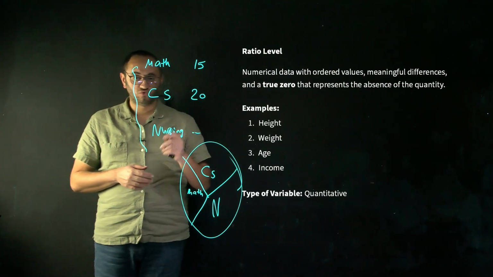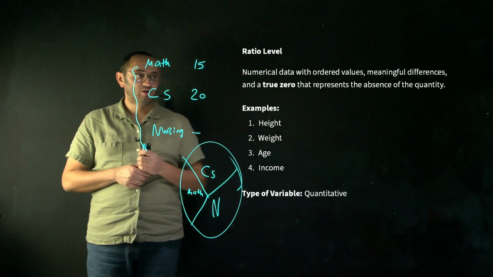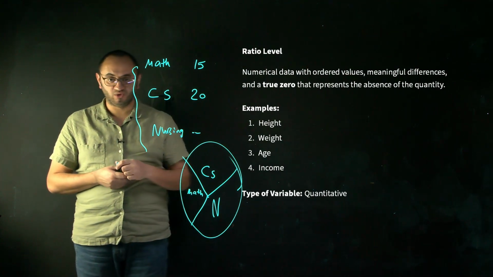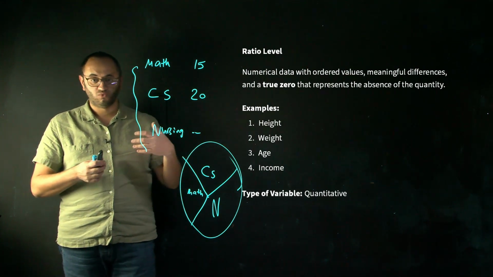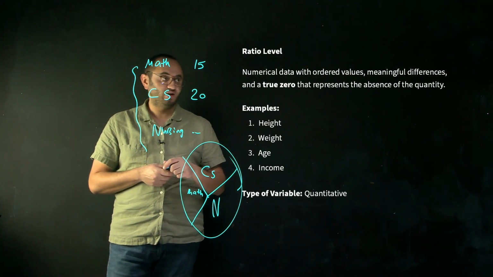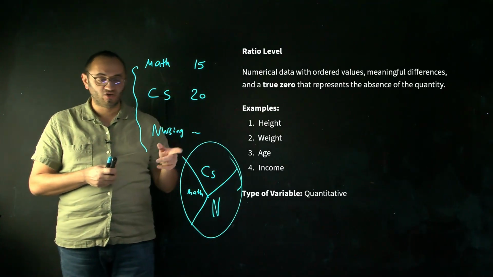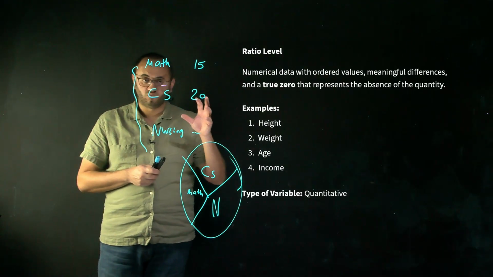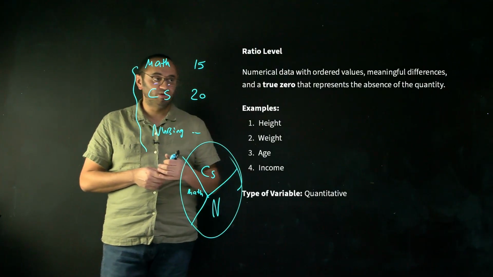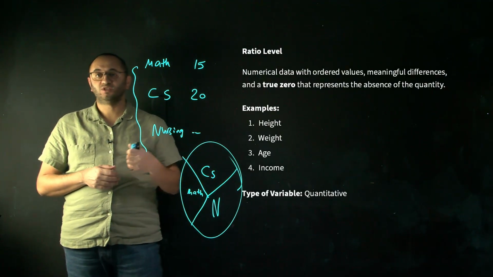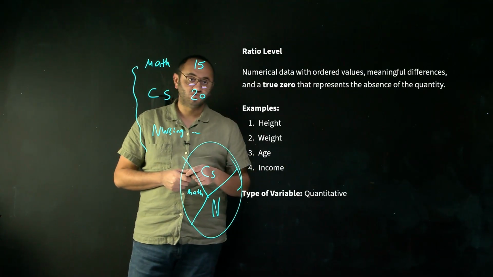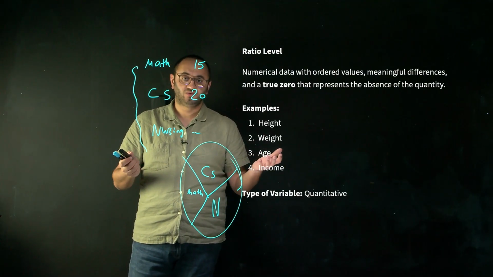So the ratio is numerical data. We can make a difference. We can also multiply and divide, and 0 means the absence of the quantity, which means a true 0. For example, the income. If I ask you what your income is and you say 0, this means it's 0.